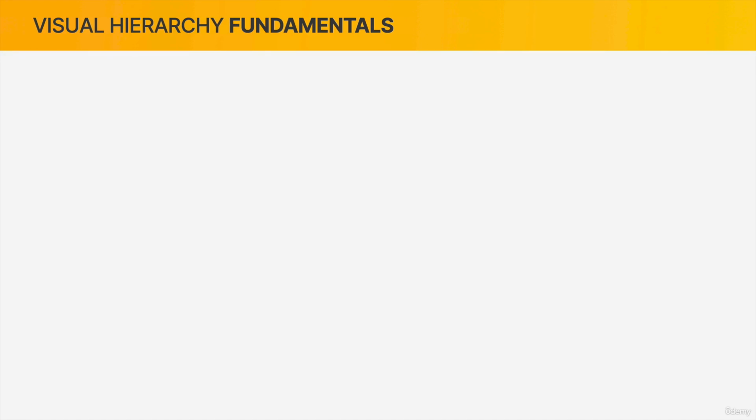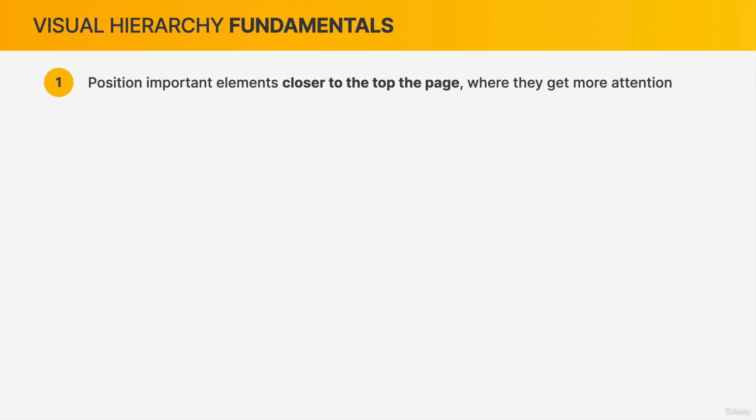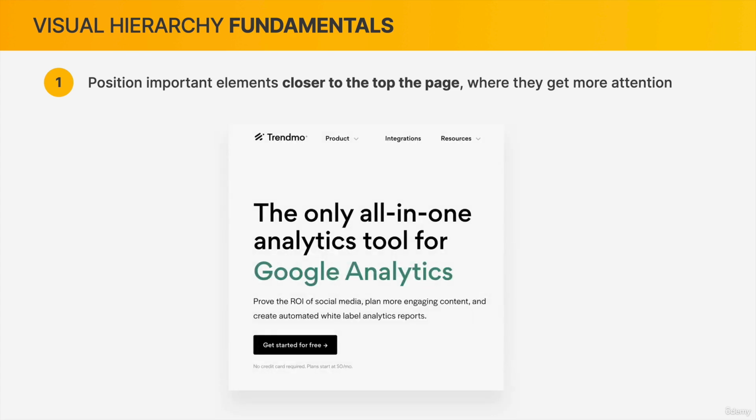So starting with the very fundamentals, the first guideline that I have for you is that you should position important elements closer to the top of the page, because that is where they get the most attention. So people usually read a page from top to bottom. And so therefore, elements that appear first on a page, so closer to the top, will naturally get more attention.